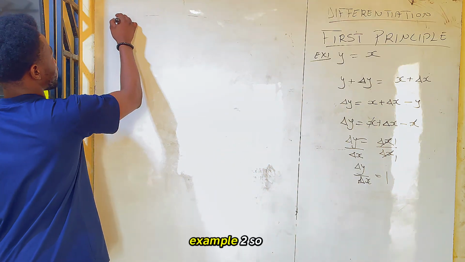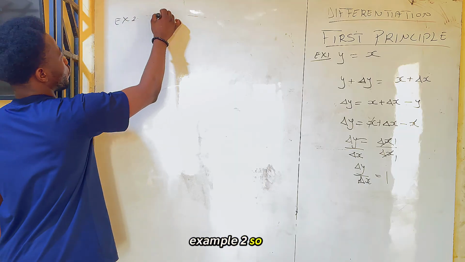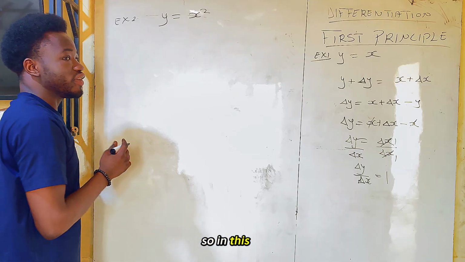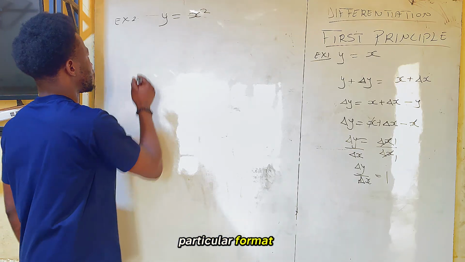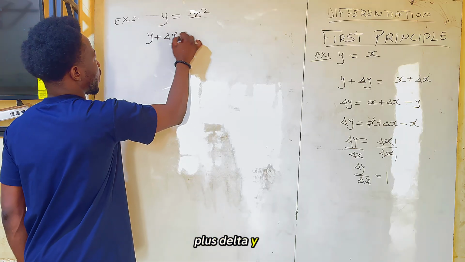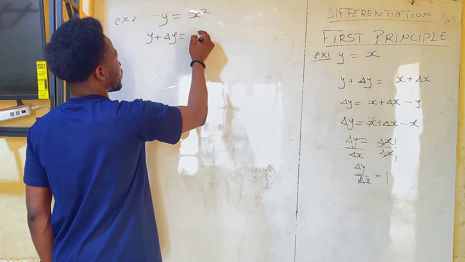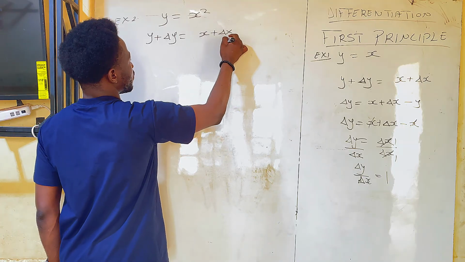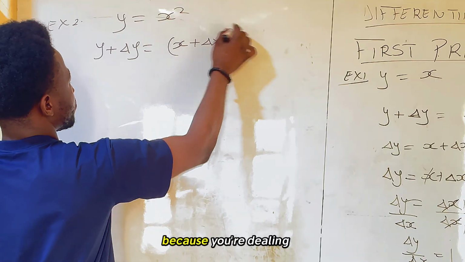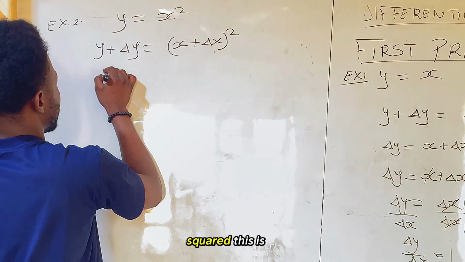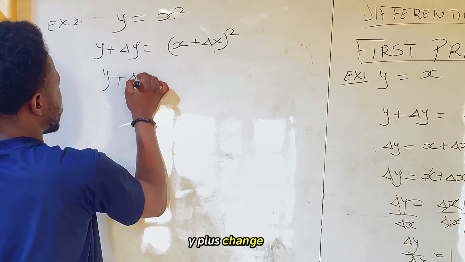Example 2. We have y equal to x squared. In this particular format, you go to the same y plus delta y, or change in y, equals x plus change in x all squared, because we are dealing with the x there, and that's what we are expanding. This is y plus change in y.